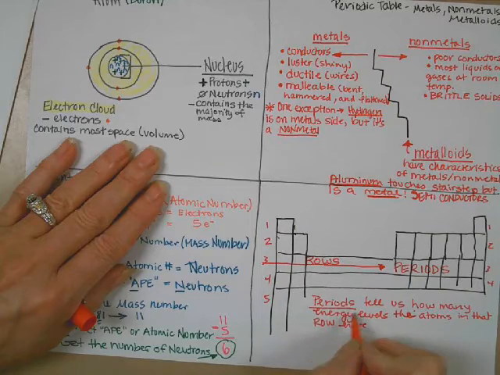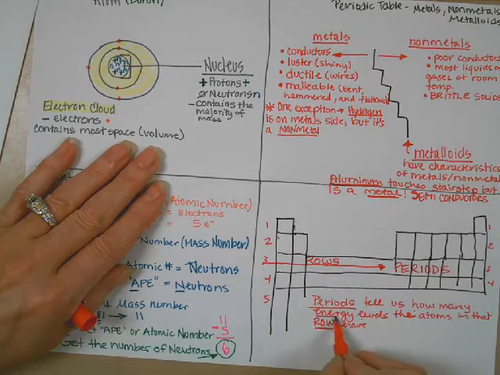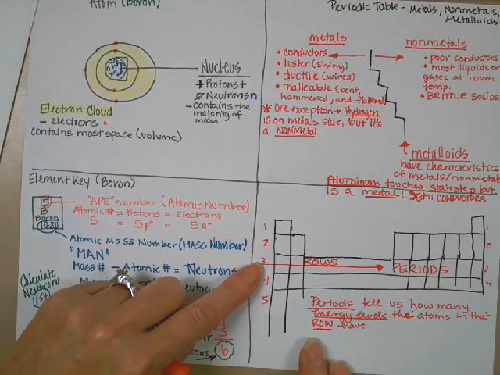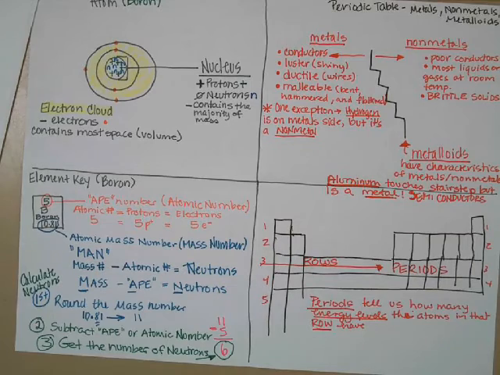So periods tell about the energy levels. Okay? So I know if I'm an element in period 3, if I draw it, I have a nucleus and 3 energy levels in the electron cloud.